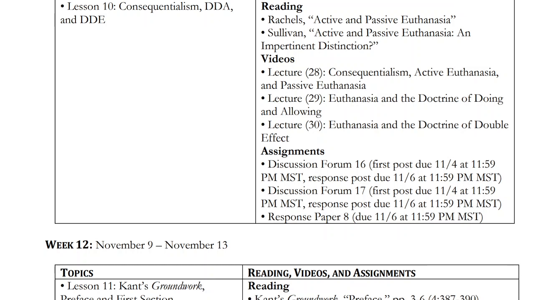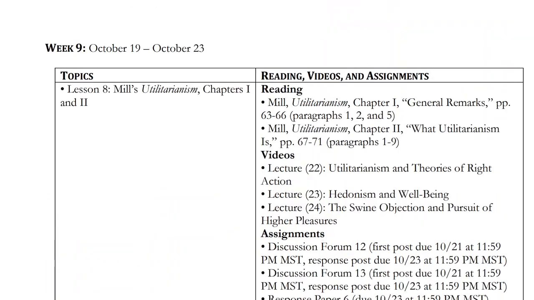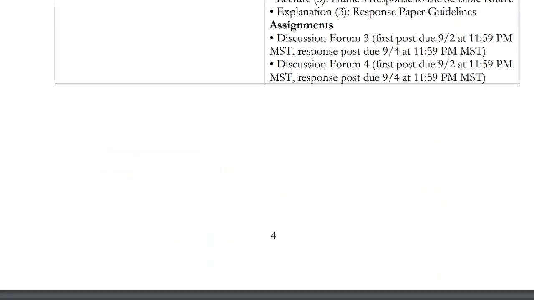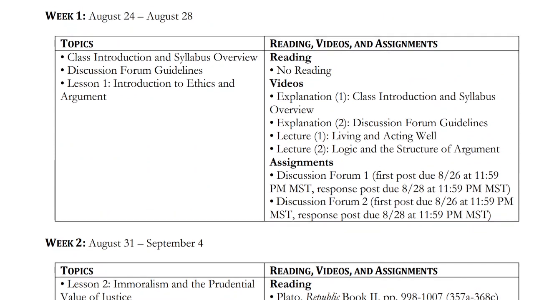So why is this, and what does it mean to say you only have to complete 4? There are 10 opportunities to complete response papers, but you get to choose which 4 of those you will complete, with one important caveat. The caveat is the following: you have to complete at least 2 of the first 5 response papers. And I do this for a couple of reasons.